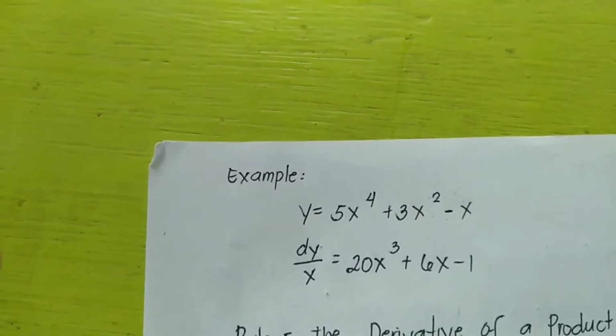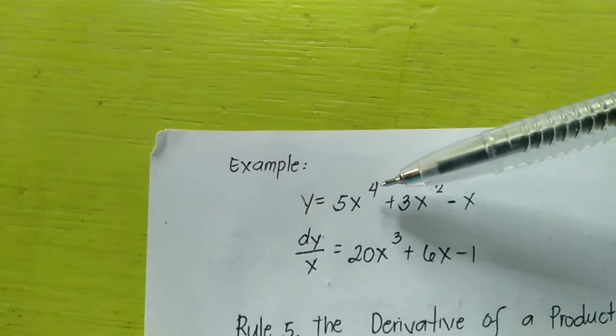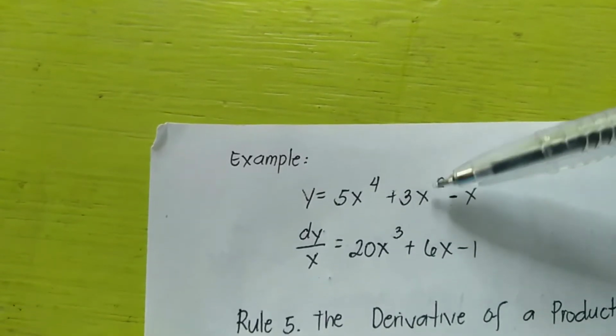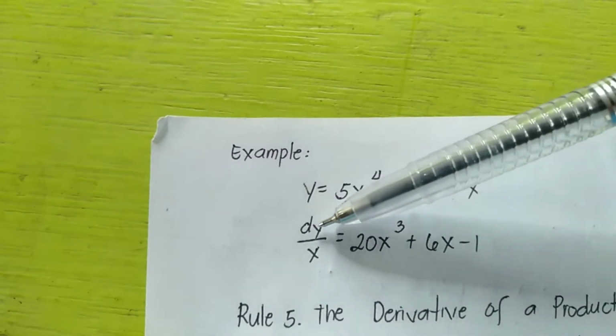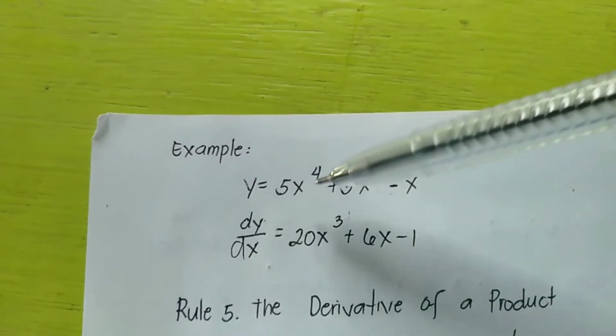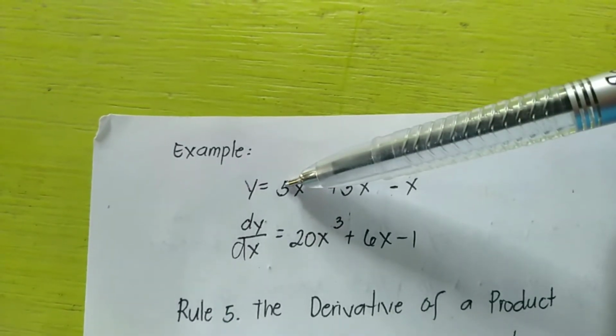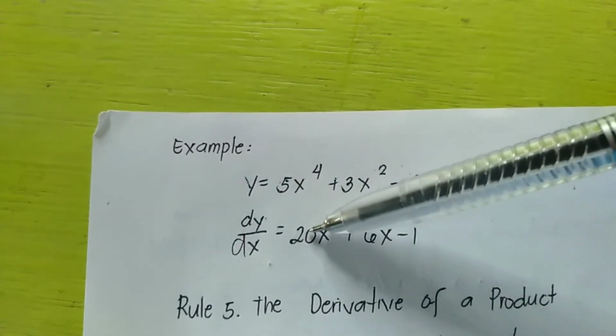For example, y is equal to 5x to the 4th power plus 3x squared minus x. So find the derivative. The derivative of y with respect to x is equal to 4 times 5. Apply the power rule. 4 times 5x is equal to 20x.